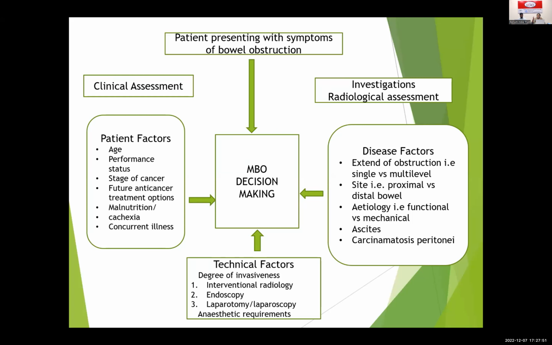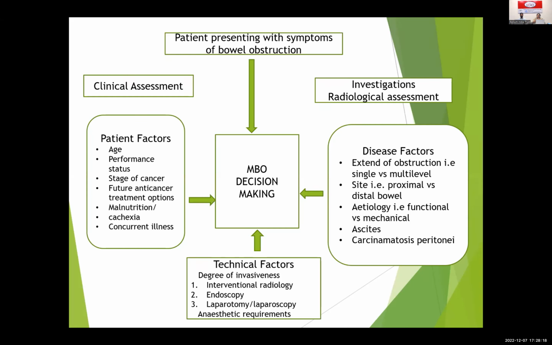Then the site, is it proximal or distal? The etiology, the functional versus the mechanical factors which is causing the obstruction. Is there ascites for the patient? Or is there carcinomatosis peritonei? So these are the disease factors which you should keep in mind while making a decision in case of intestinal obstruction for that patient.